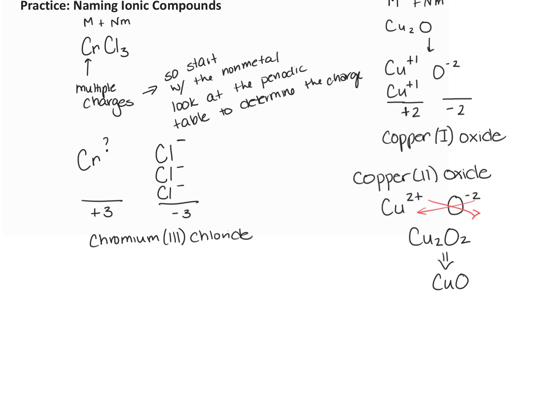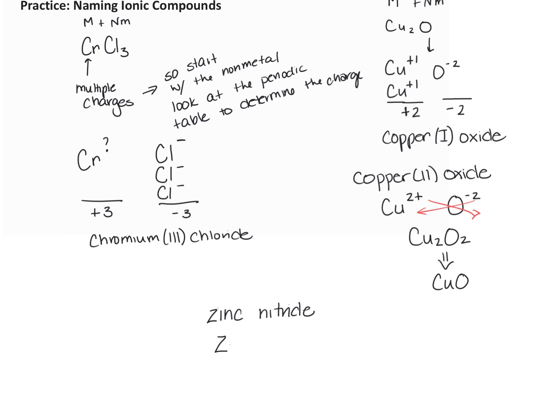Okay. If we look at another example, for example, zinc nitride. Here, zinc is in the boot, so it doesn't get a Roman numeral. So you have to look at the periodic table.